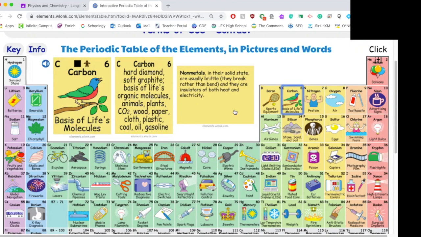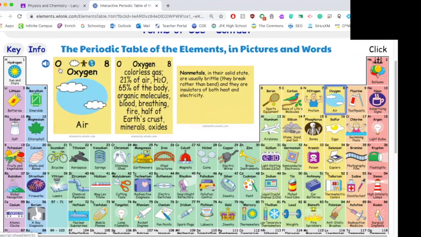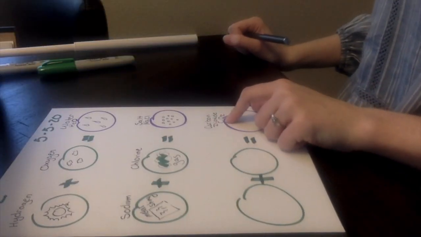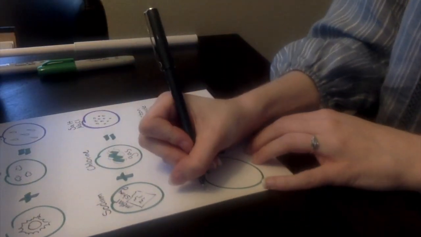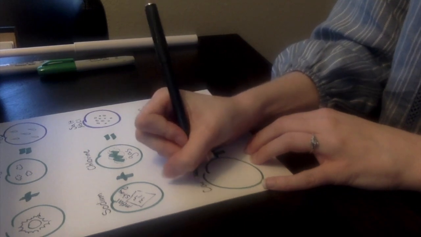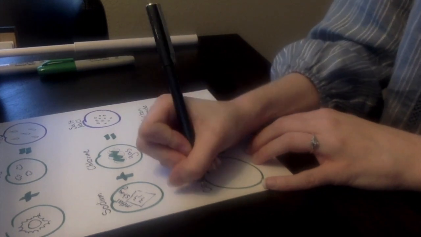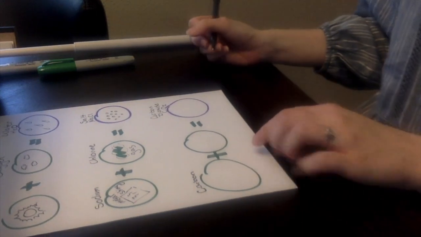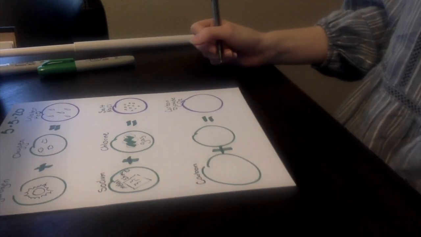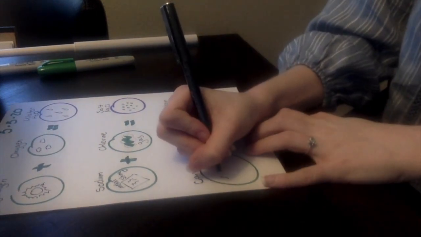And then the other one we're looking for is O. We found that one right here. O is oxygen, number 8. And we already learned that oxygen is a gas that we need to breathe. All right, so I found C is the element carbon. We've heard a lot about carbon. Carbon is in things that are living, like plants and animals.